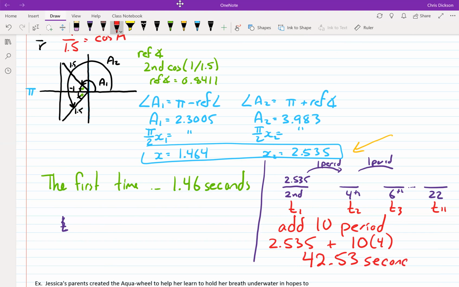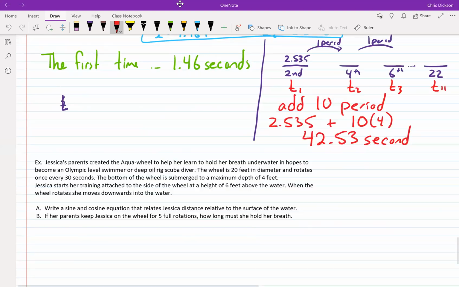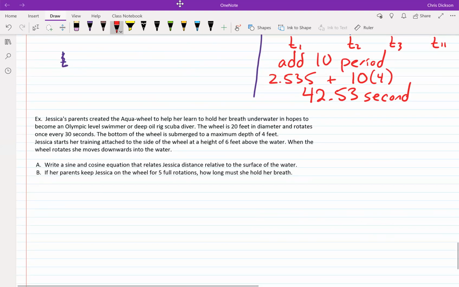Yeah, I think that's right. Let me just double check that, make sure I'm doing that right. So yeah, because it'd be 10, so 10 times 4, then I have to add the period, so plus 2.53, so approximately 42.53 seconds.